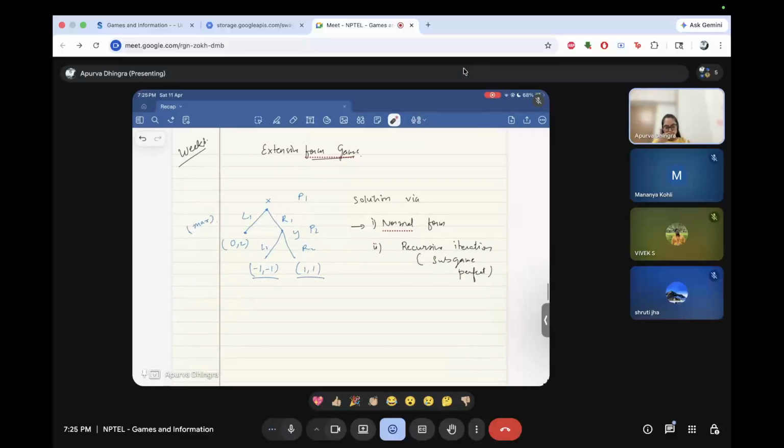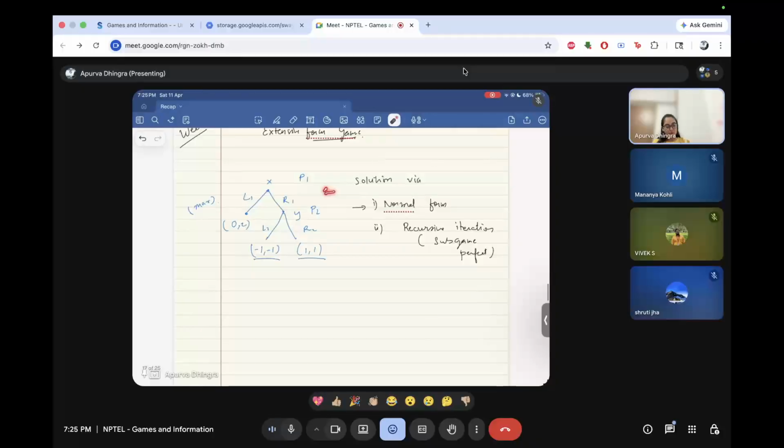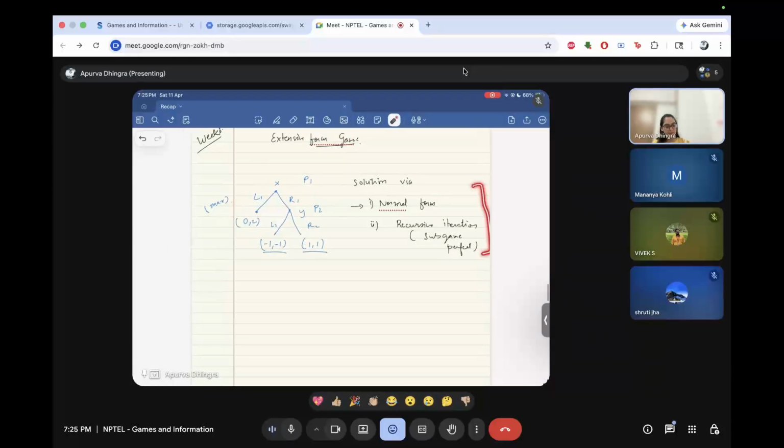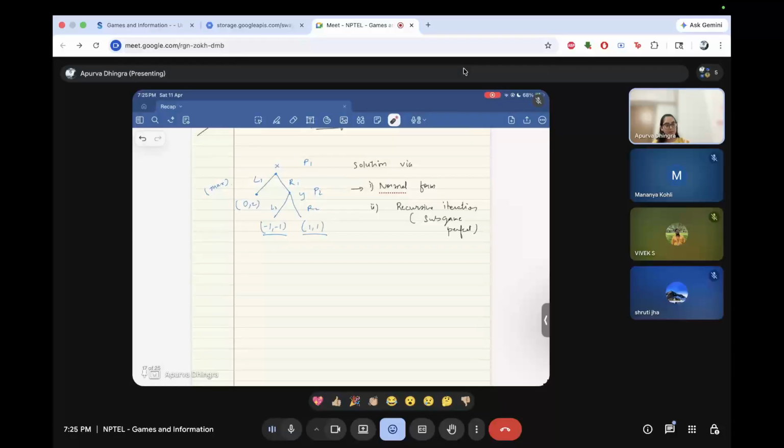But when player 2 knows what player 1 has played, then the set of strategies he has available expands, and he can choose what to do depending on where he is in the game. In these scenarios, we can look for equilibria in two ways. One is to write the normal form, another is to do it recursively. We have solved a lot of these examples, so I'll not go through all of them, but one of the doubt questions is of this kind, so I'll go to that next.